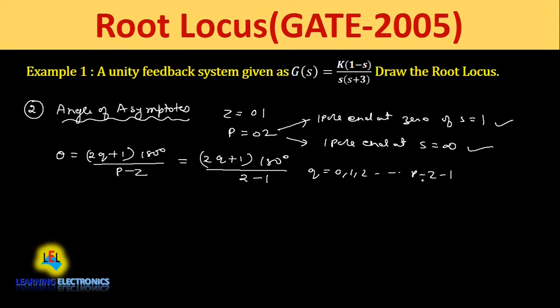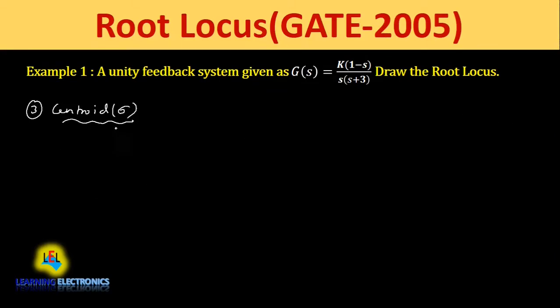When we put the values of p and z, we get 0, so q can have only one value, 0. At q = 0, theta 1 is equal to (2 times 0 + 1) times 180, which is 180 degrees. So there will be only one angle of asymptote here.